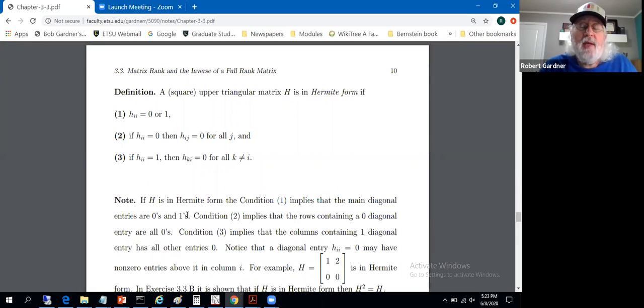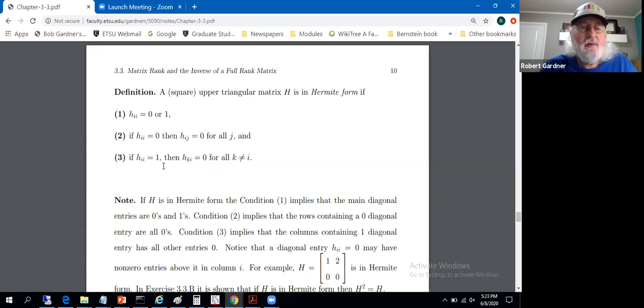Upper triangular, and under these circumstances, you don't have a full rank matrix. If H sub II equals 0, then H sub IJ equals 0 for all J. That means that the rows containing a 0 on the diagonal have all entries of zeros. So you get 0 on the diagonal, the whole row is zeros.